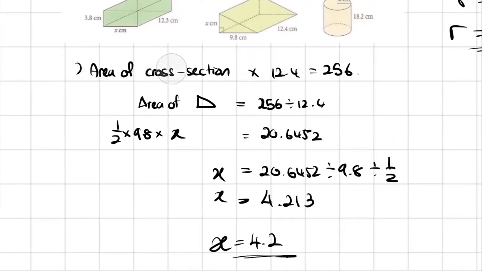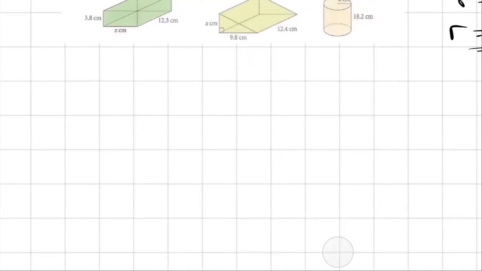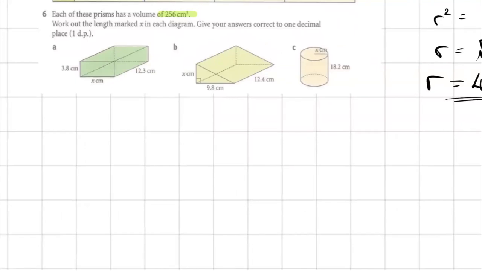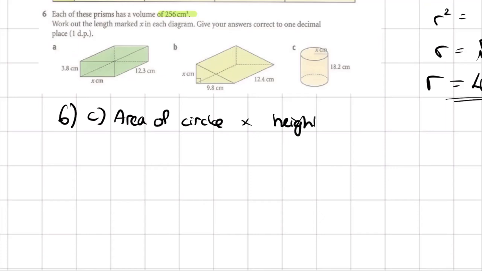And the last one is actually very similar to your question 5. So for question 6, C, area of circle first. So area of circle, I will just put a question mark because I don't know.